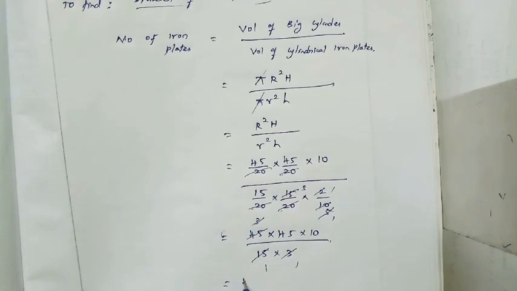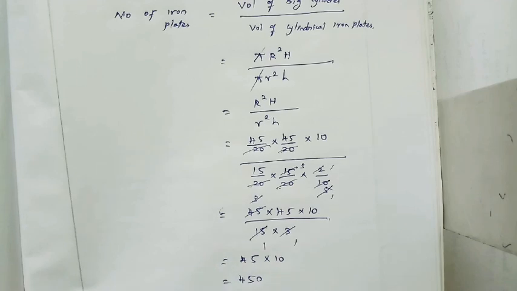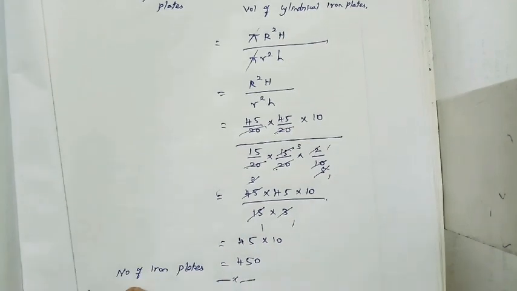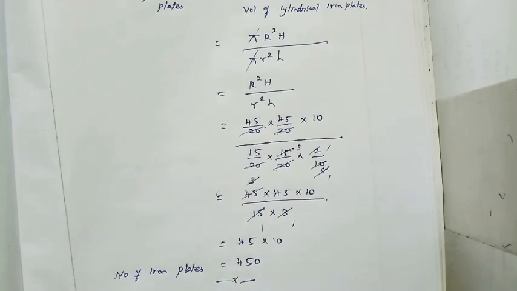So what is remaining? 45 into 10 is equal to 450. Therefore the number of iron plates that can be fitted inside the right circular cylinder is nothing but 450. Understood?